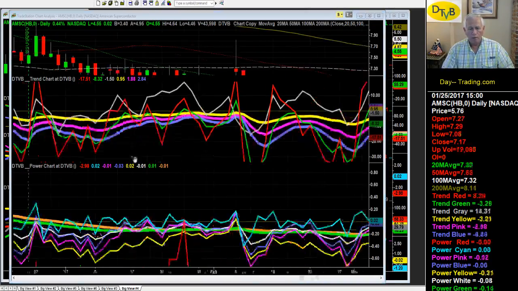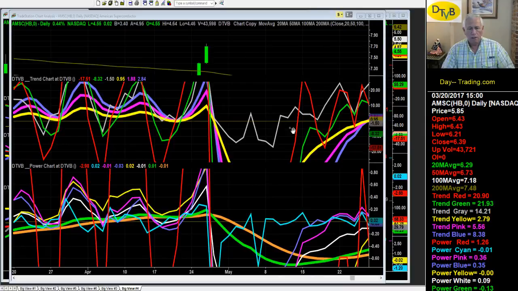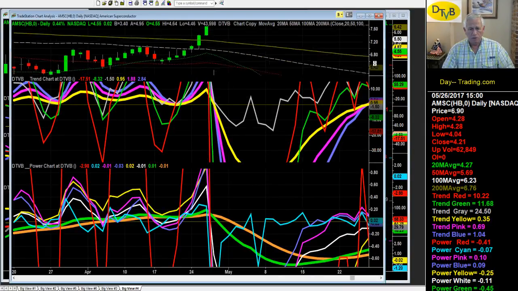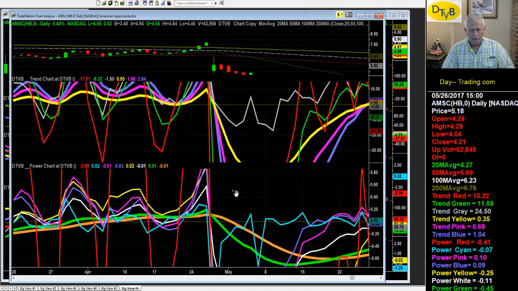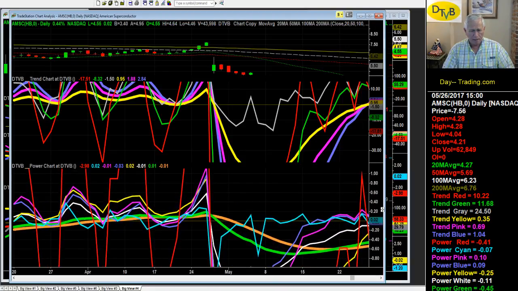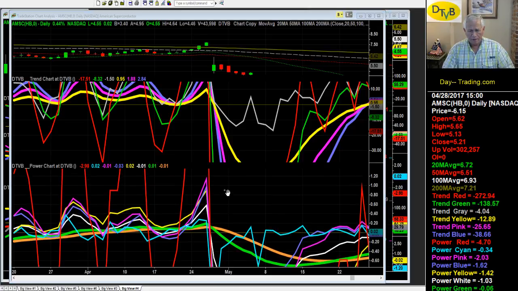I've got one other one that I want to show you a little bit ahead here, and that is this one here. And it's in the power Zion line. You've got a really big peak in trend red, and then pink and blue are way up there as well. And what happens?